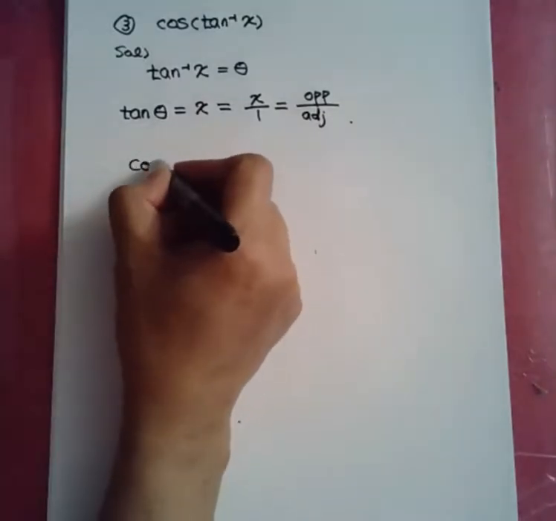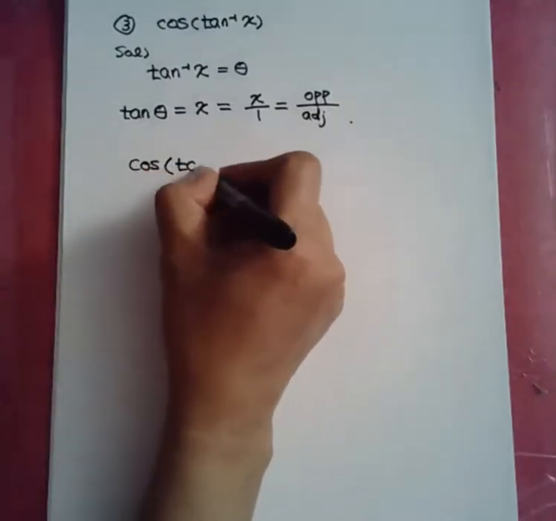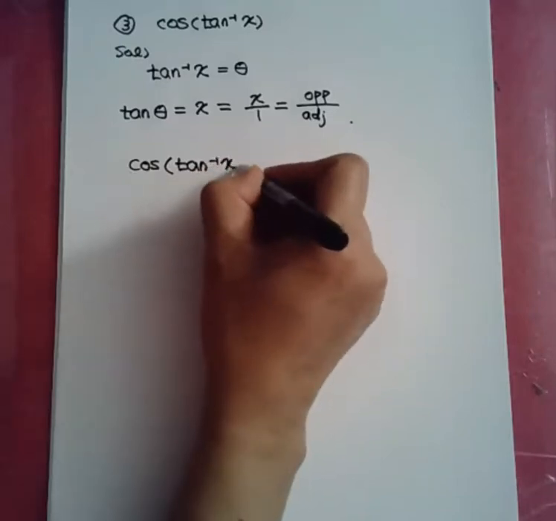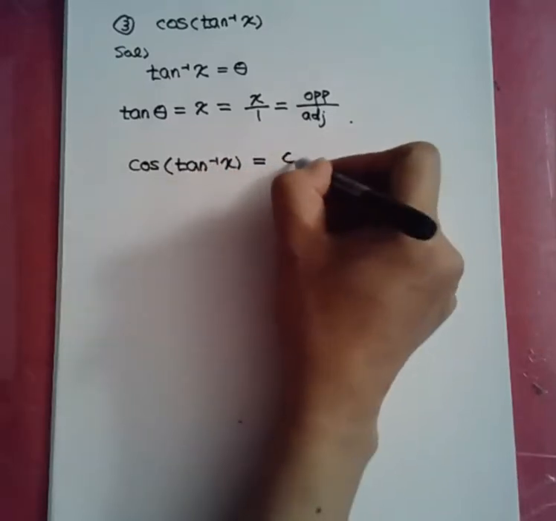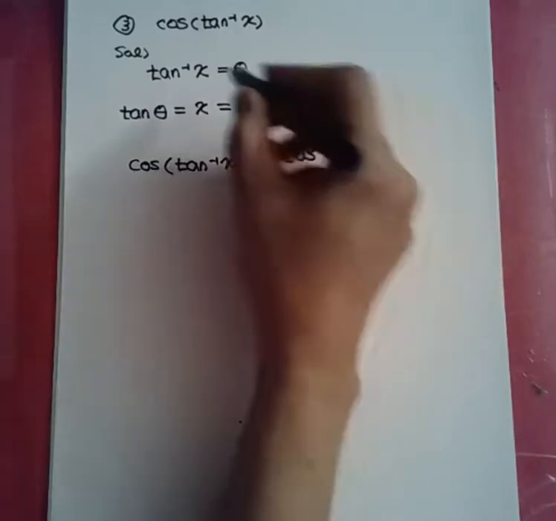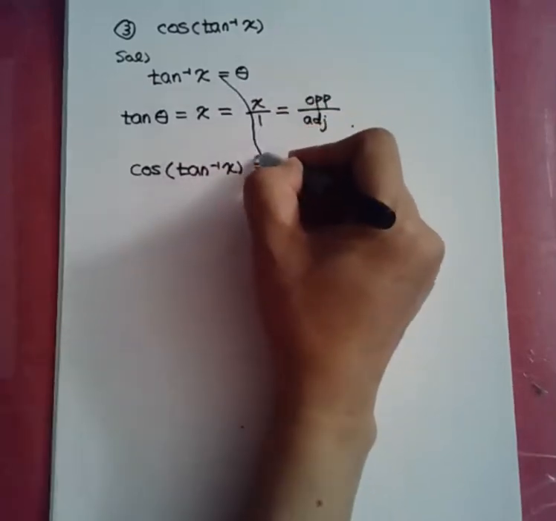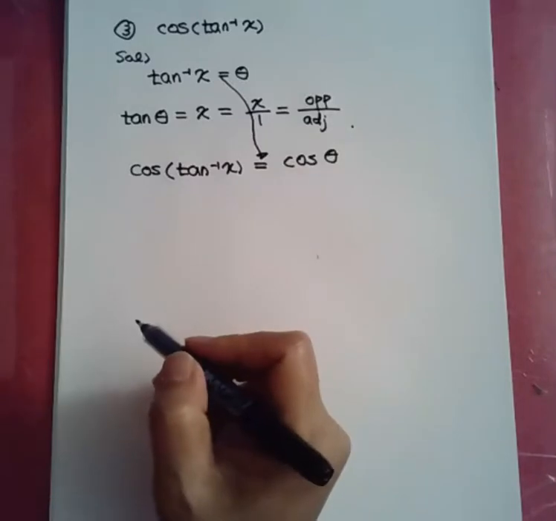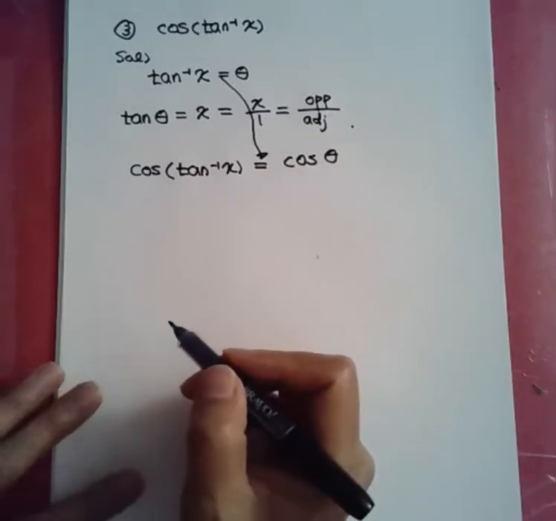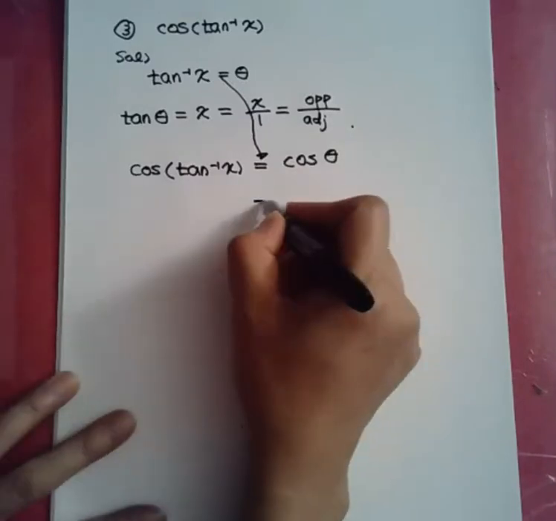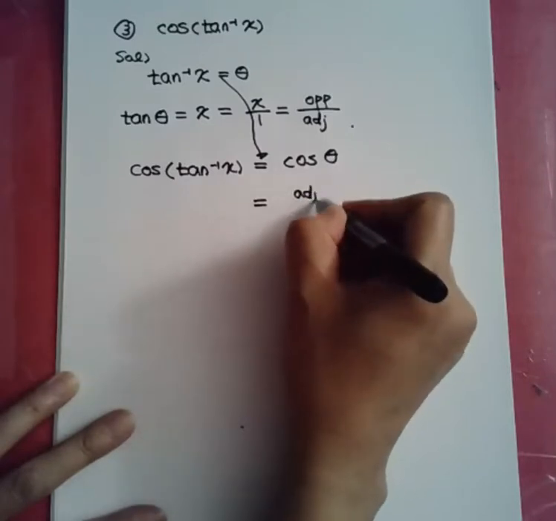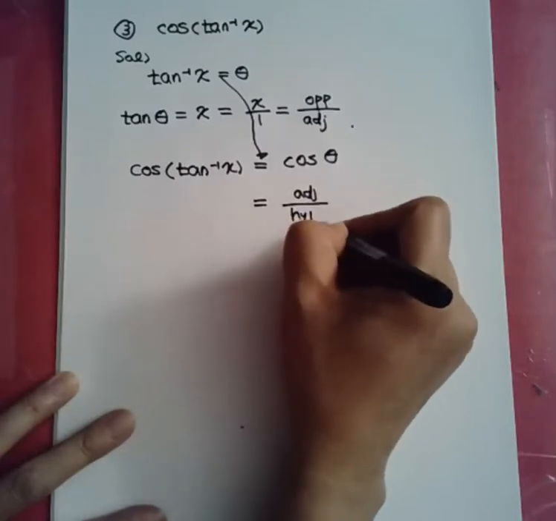We can rewrite cosine of tangent inverse of x as cosine of theta. Again, we are applying this. Then we have to figure out cosine of theta. Cosine of theta is adjacent over hypotenuse.